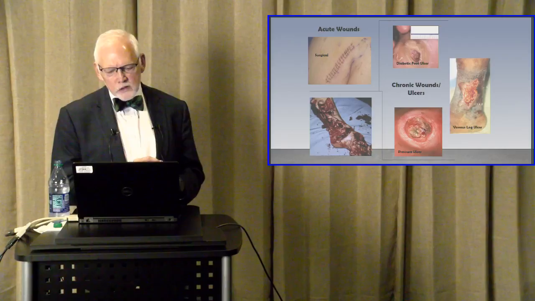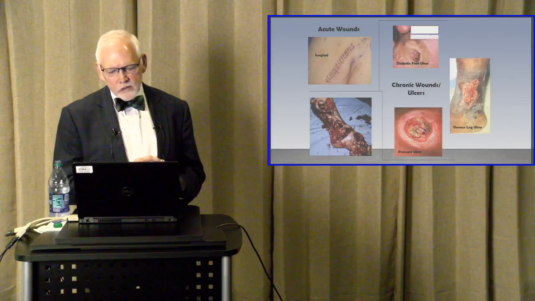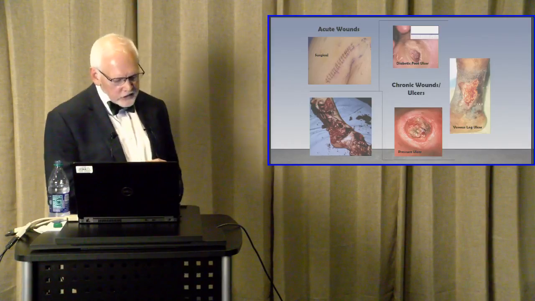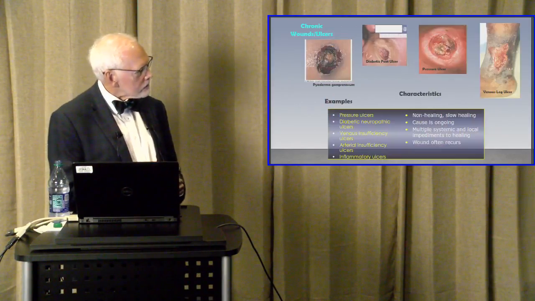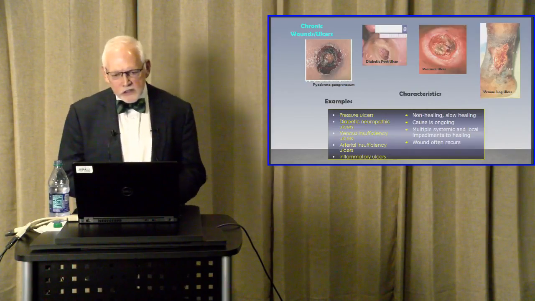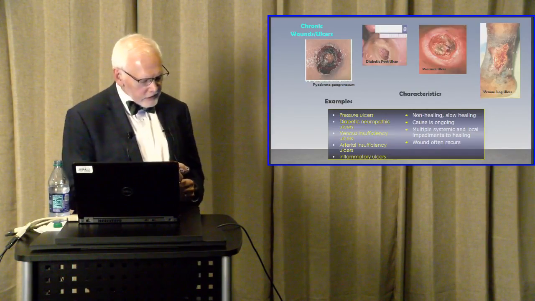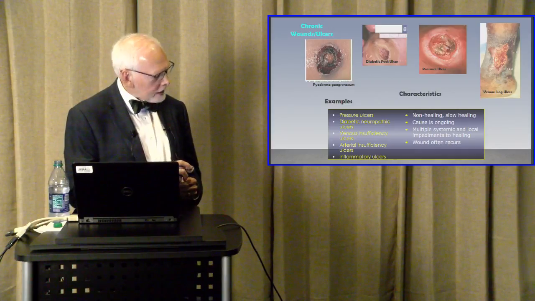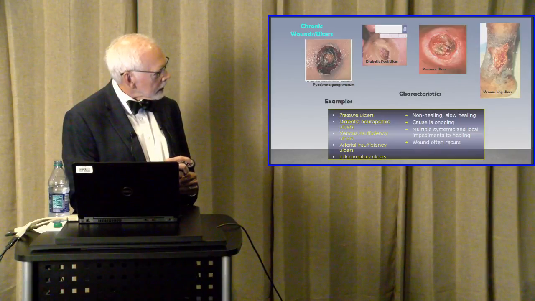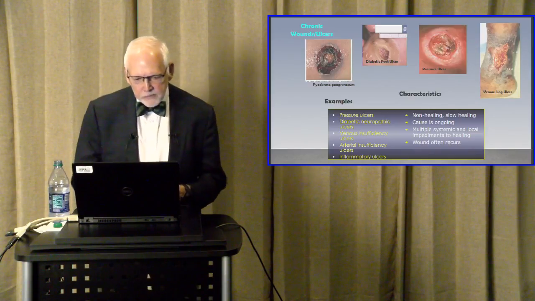So we're going to focus on the diabetic foot ulcers, venous leg ulcers, and arterial ulcers. And there are also some ulcers that don't fit into those three categories, the so-called atypical ones like pyoderma gangrenosum.